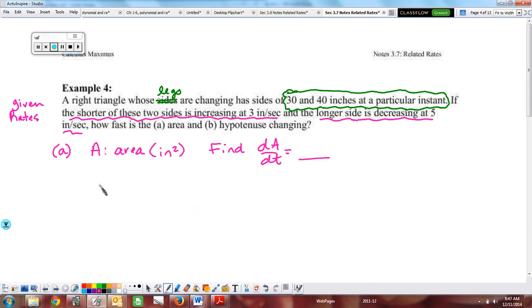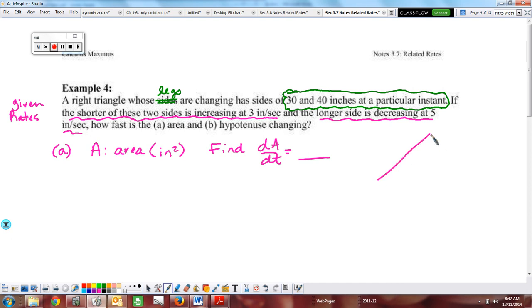Then I go through and get my other quantities, my other variables, and the rates that I'm given. Notice I'm ignoring the instant, the when, because that doesn't really affect any of this. I come into the second sentence, and I know the shorter of the two sides is increasing at 3 inches per second, so I need to give myself some variables for this. A lot of times you will draw a picture at this point.